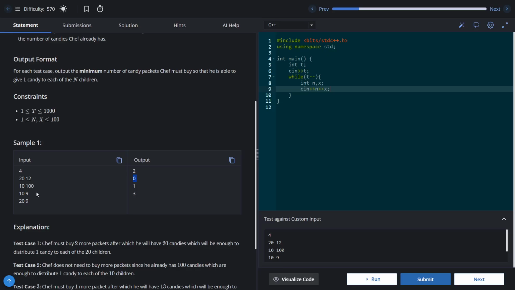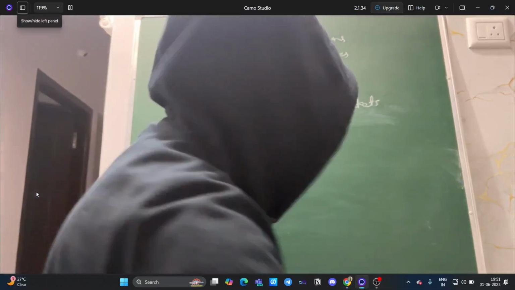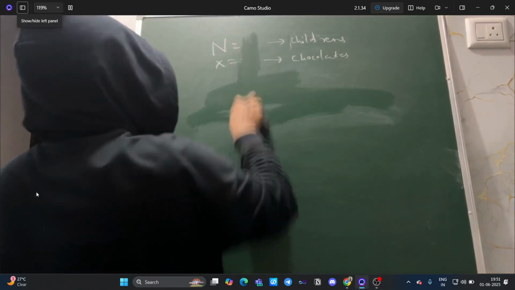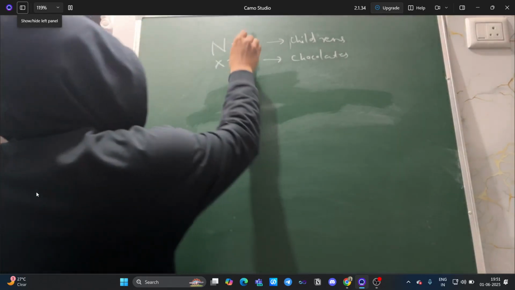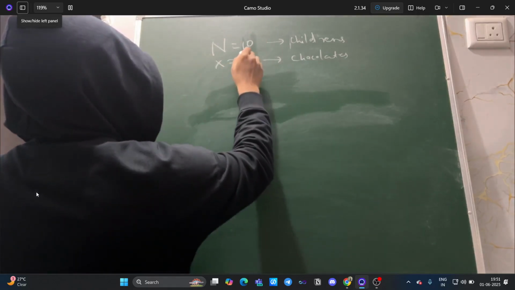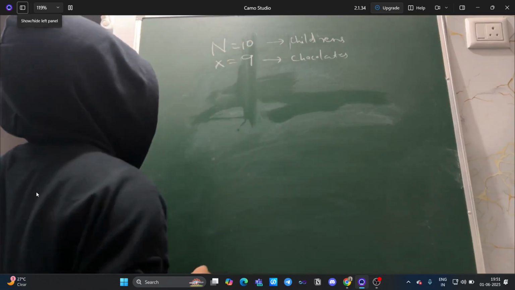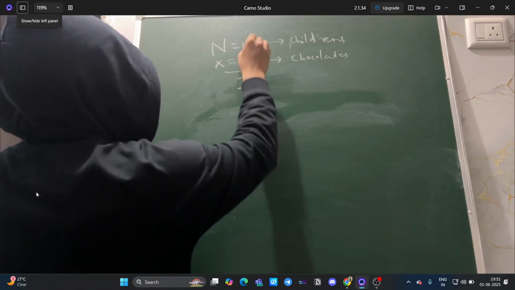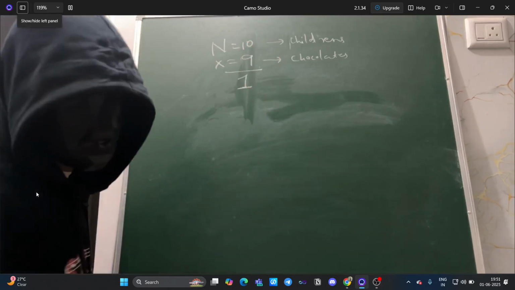Now let's understand the third example. In the third example, n given is 10, so 10 children are there, and chef has only 9 chocolates. So one chocolate is required, which means one child has not got any chocolate.